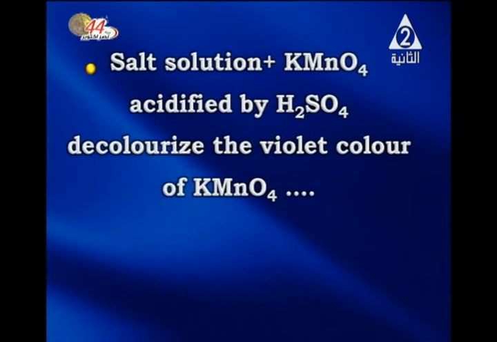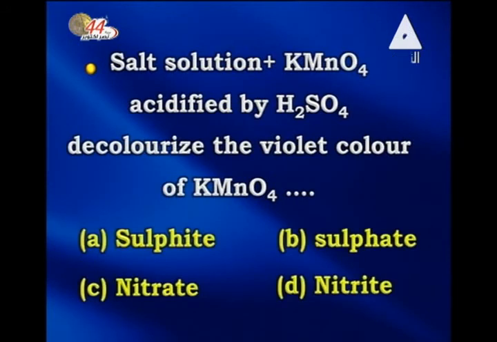Next point. The salt solution plus potassium permanganate acidified by sulfuric acid decolorizes the violet color of potassium permanganate. Is it sulfite, sulfate, nitrate or nitrite? Yes, the answer will be nitrite.